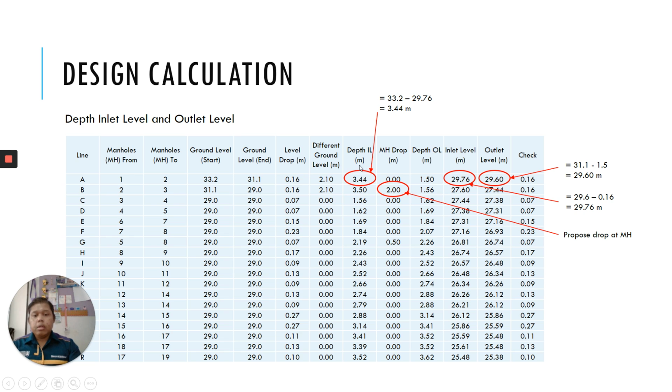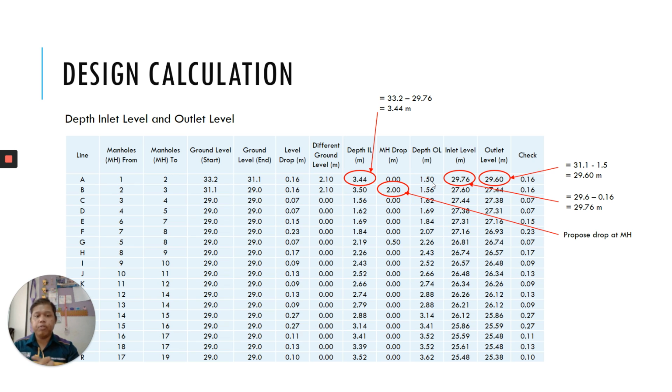So the difference of the invert level at this start is 33.2 minus 29.76, and you get the depth for the first manhole as 3.44 meter.